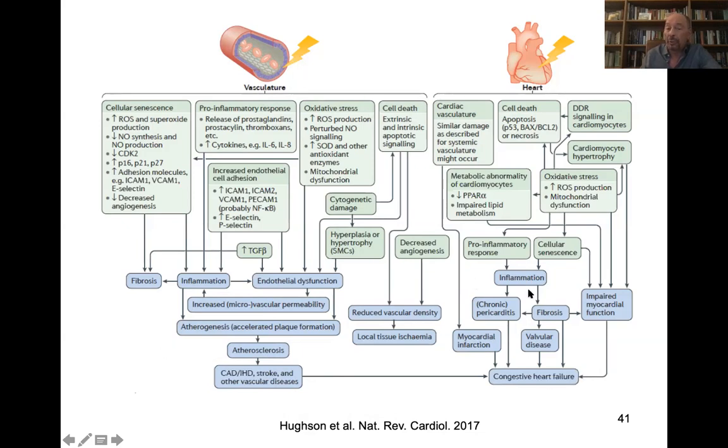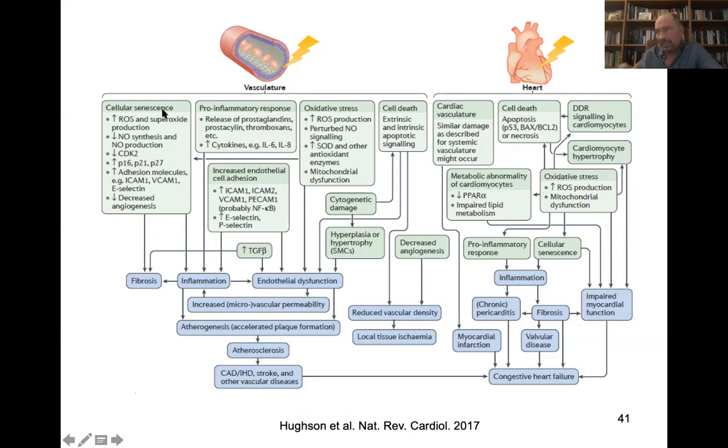It's quite complicated. You can have different targets even. One target is the vasculature, so the blood vessels. Another target can be the heart itself. Of course, cell death plays a role both in this pattern and in this pattern, but many other factors can play a role.